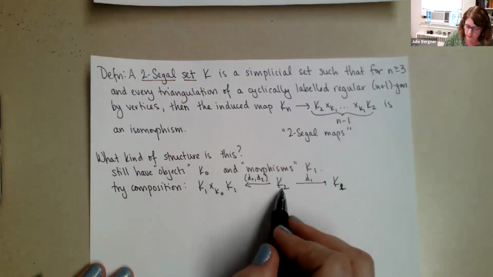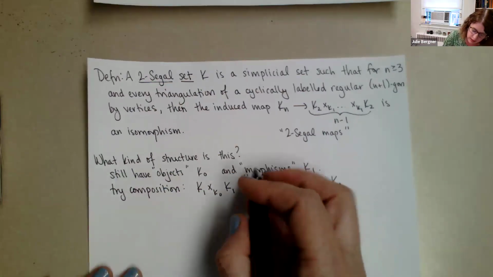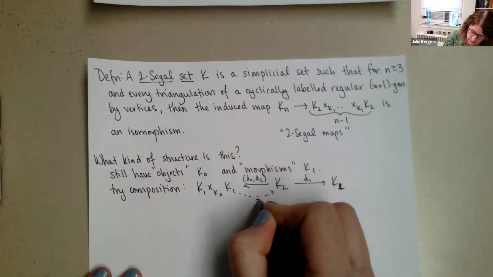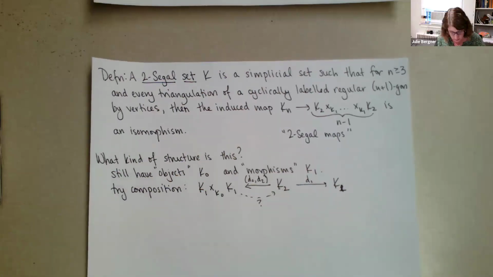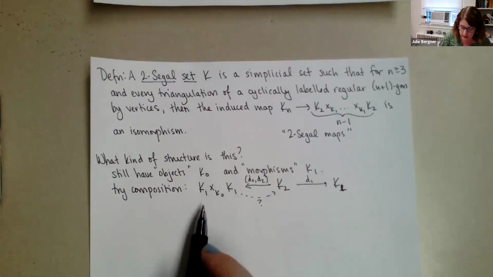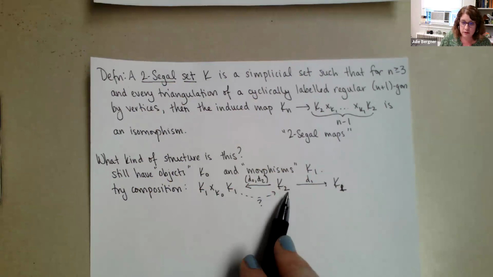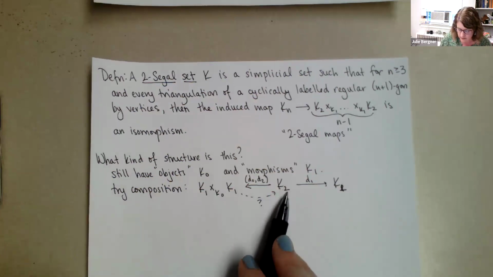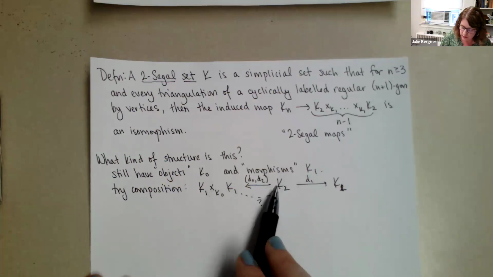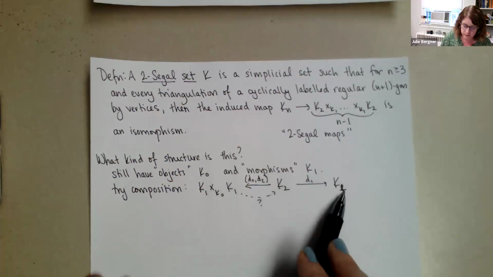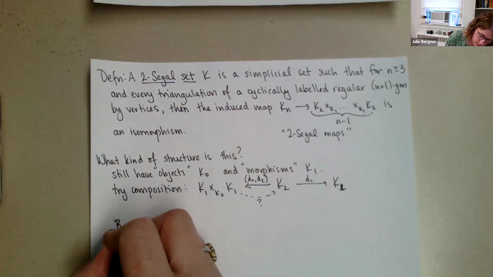This was a 1-Segal map. We don't know anything about it if we're just 2-Segal. And so, well, the best we can do is to say, take an element here, take its pre-image, if it exists. I mean, it could be empty. Take the pre-image in K2 and then push it over to K1 via this first base map.